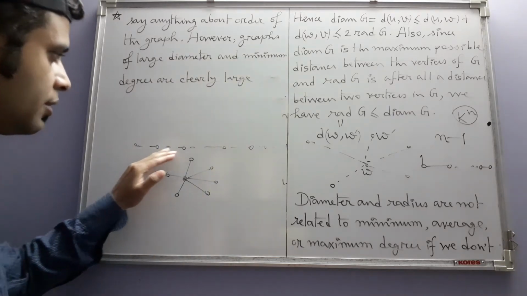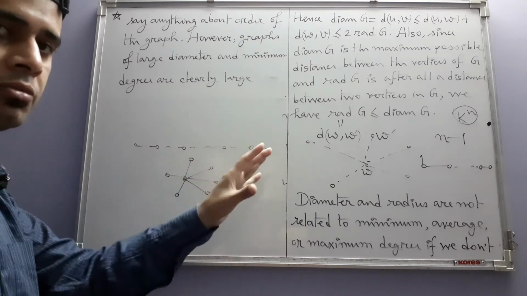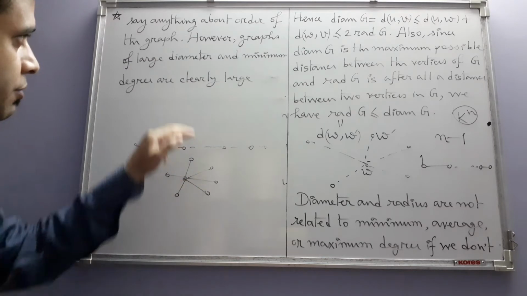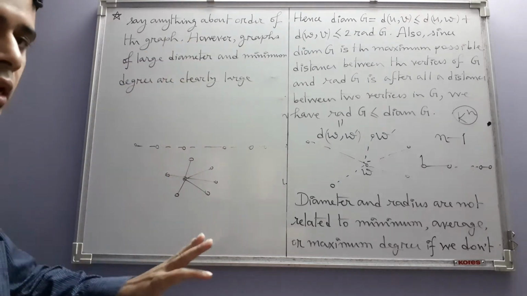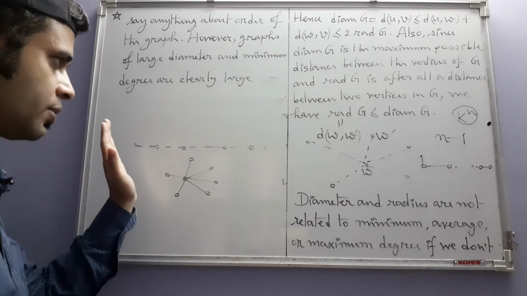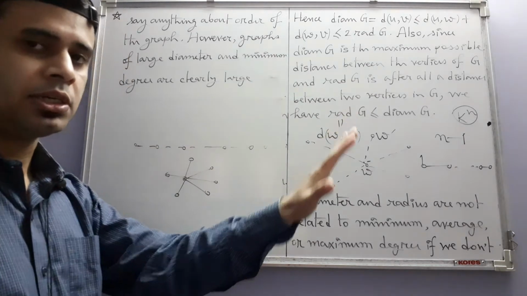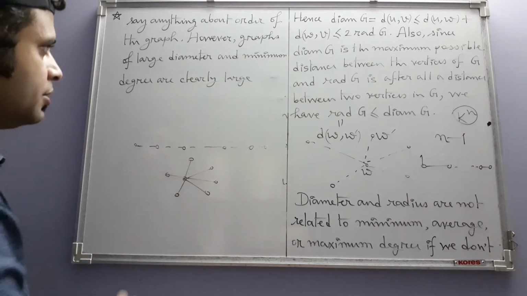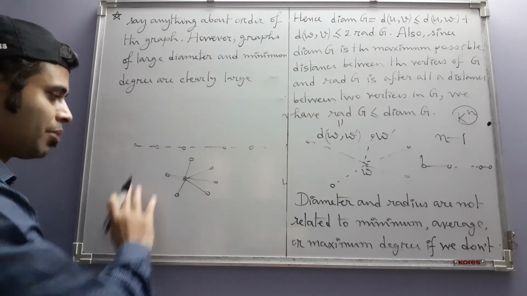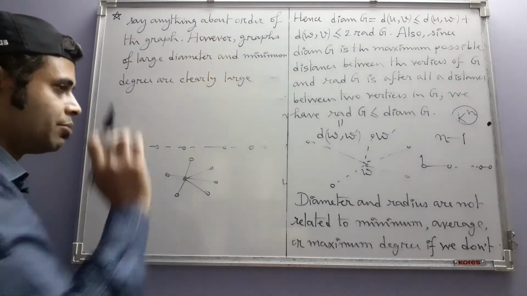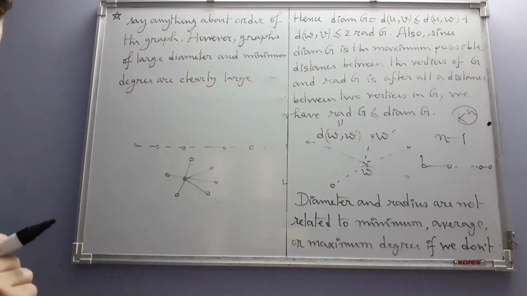So individually, if diameter is large, then the graph is large. If minimum degree is large, then also the graph is large. But if both these two things are large, if the graph has high diameter and at the same time it has high minimum degree, then the graph becomes much larger than what these parameters force alone.